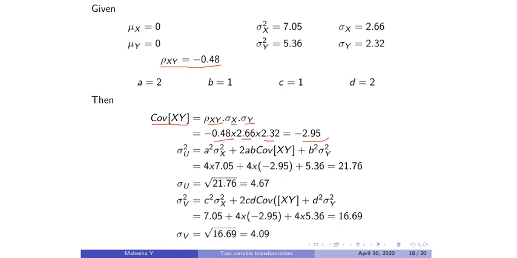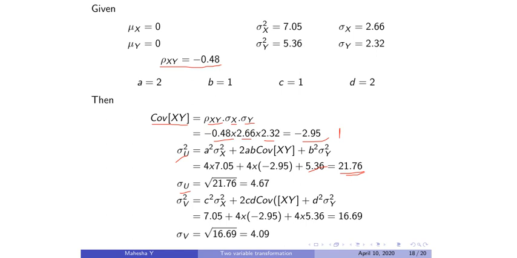Same for sigma v also. Substituting those values: a square is 4, so 4 times 7.05, plus 4 times minus 2.95 we calculated here, and b square is 1 times 5.36, so that will be 21.76, and sigma u will be 4.67.